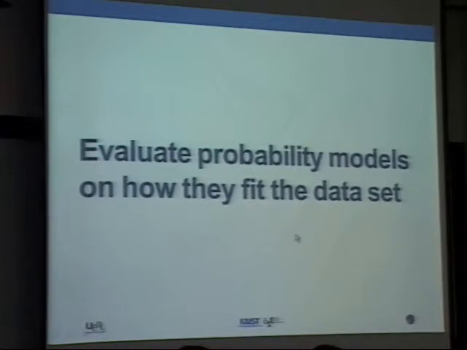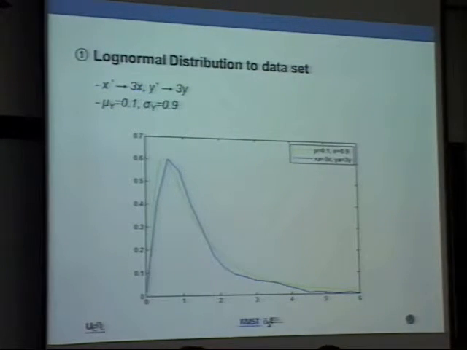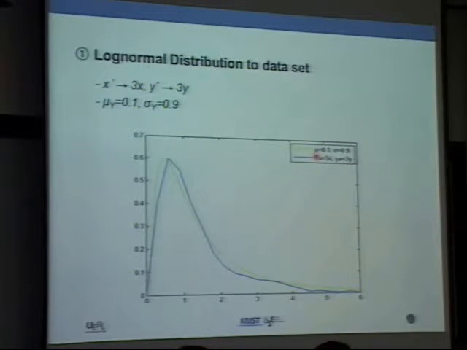Next, we will evaluate probability models on how they fit the data set. In the log normal distribution, when mu is equal to 0.1 and sigma is equal to 0.9, the shape of log normal distribution is corresponding to our data set like this.